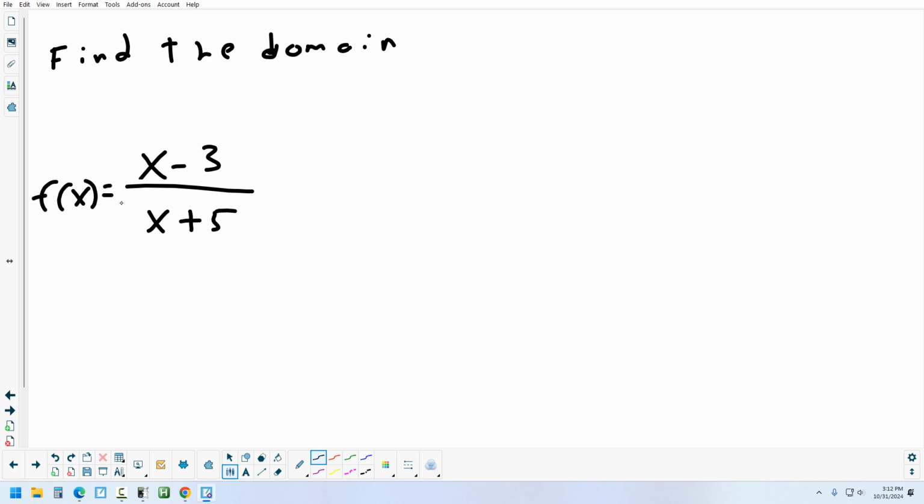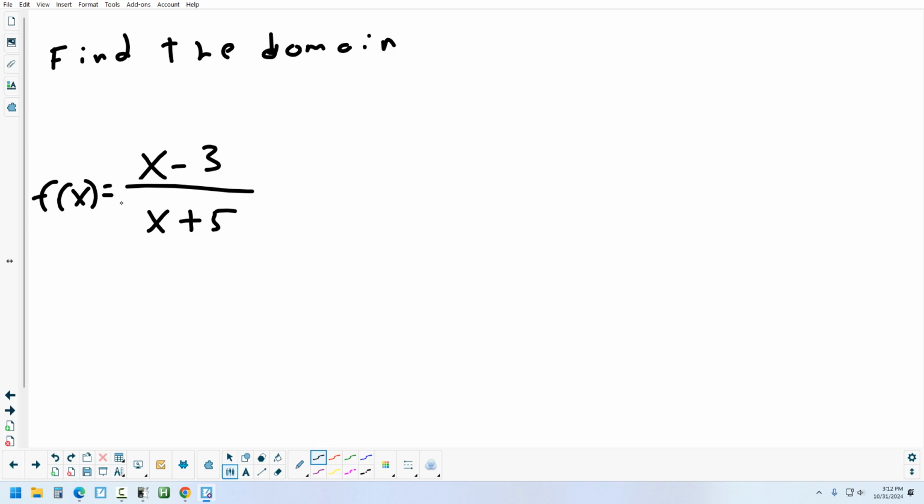Right, there's only one thing you're not allowed to do when you have a fraction. And what is that? Divide by 0. You're not allowed to divide by 0. So the easiest way to find the domain is to first tell me what you can't use, and then we can reword it into what you can use. So what can't you use? Negative 5.